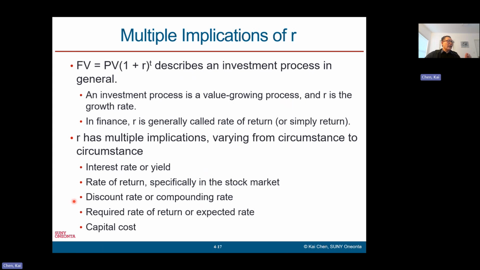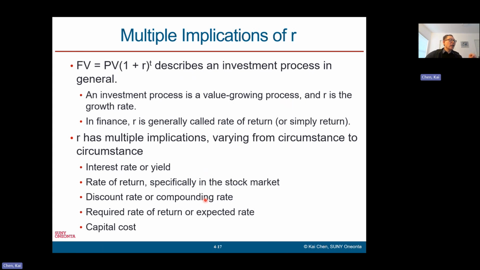And the R is sometimes called the discount rate or compounding rate. Later on, we're going to see this. If we know the present value and we want to find out the future value, then we call this the compounding process.